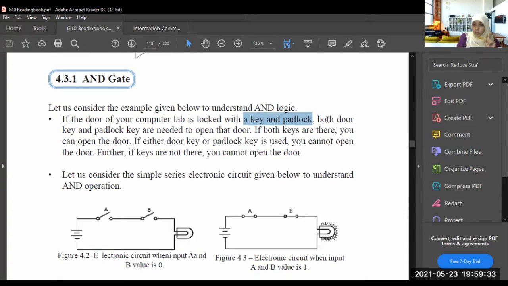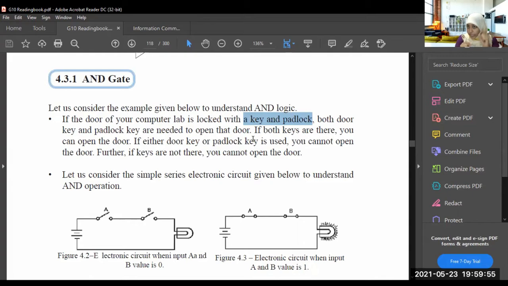both the door key and the padlock key are needed to open that door. If there is a padlock and you have used the key to close the door, then when you are opening the door, you should have the key and the padlock.